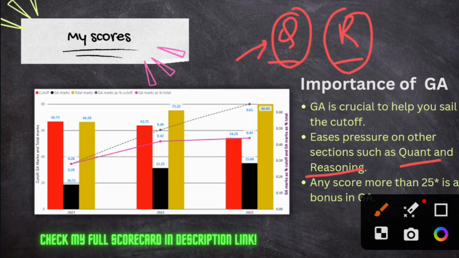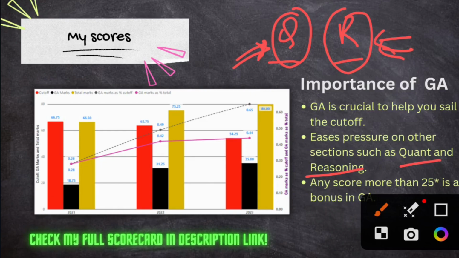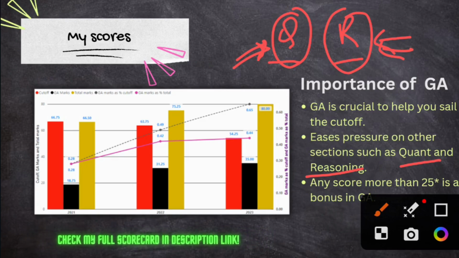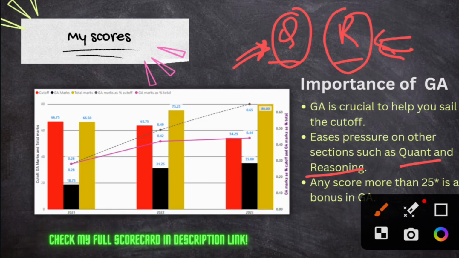Their difficulty level is even higher, and it is difficult to take guesses in these types of questions. You cannot eliminate options. This is something you can leverage in the GA section, where you have the chance of taking elimination or some guesstimate to get your answers. That is why it is also important to score more in the GA section.